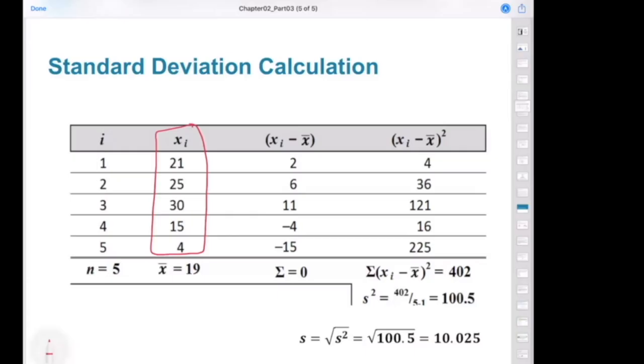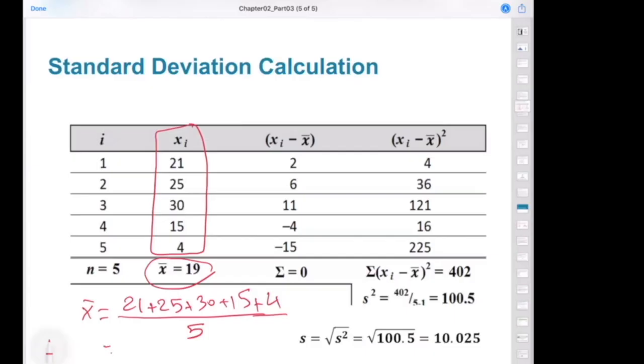It's a sample. Okay? So first, find the x bar. So x bar is equal to 19. Do you remember how we can find it? X bar is equal to 21 plus 25 plus 30 plus 15 plus 4, divided by 5.